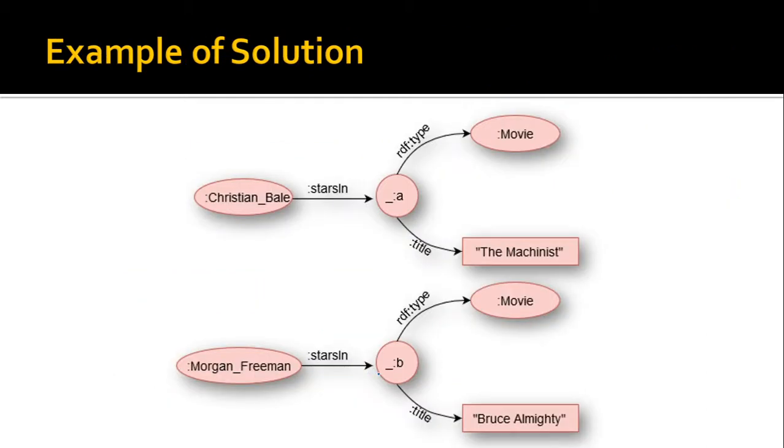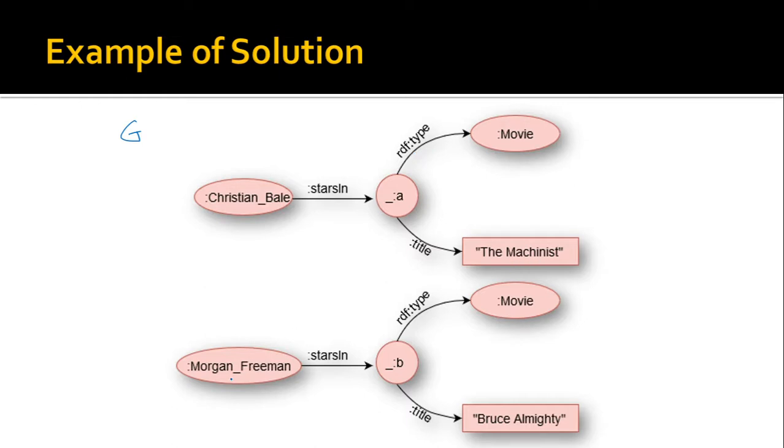Now let us come up with some examples to illustrate the concept that we have discussed earlier. So here we have a single graph, though they are not entirely connected, but this is a single graph. So this is my G, right? Now you have Christian Bale, who stars in something which is of type movie, and the title is The Machinist.